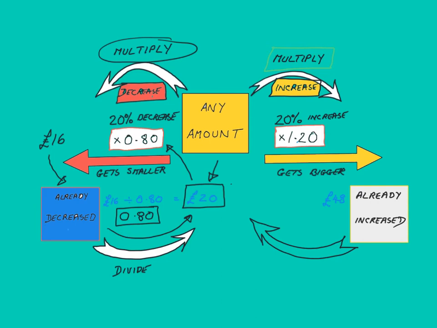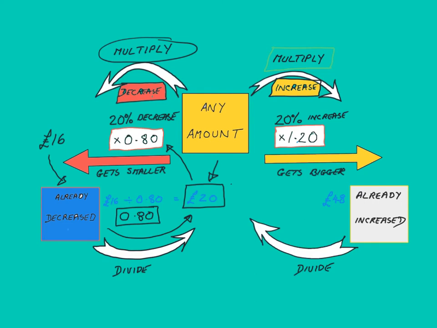And so, because it's been multiplied, we need to divide. We need to go back. We need to reverse. We need to do the inverse operation of multiply, which is we need to divide.